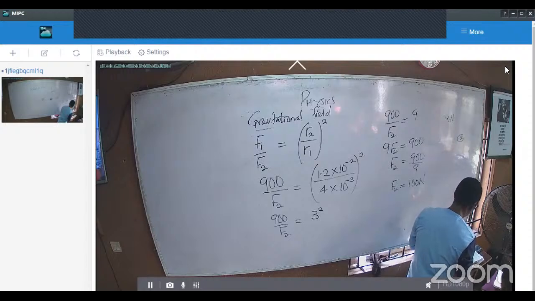Remember 2: gravitational field strength is a scalar quantity.